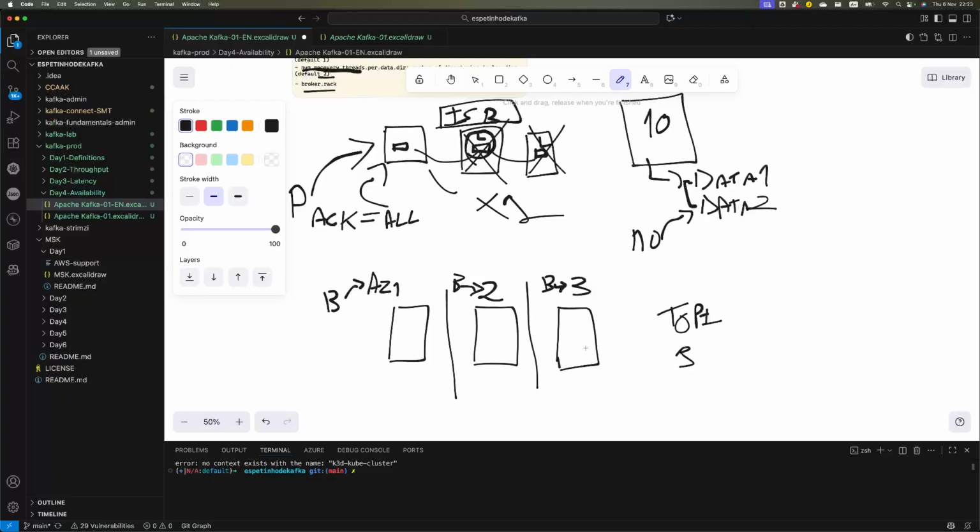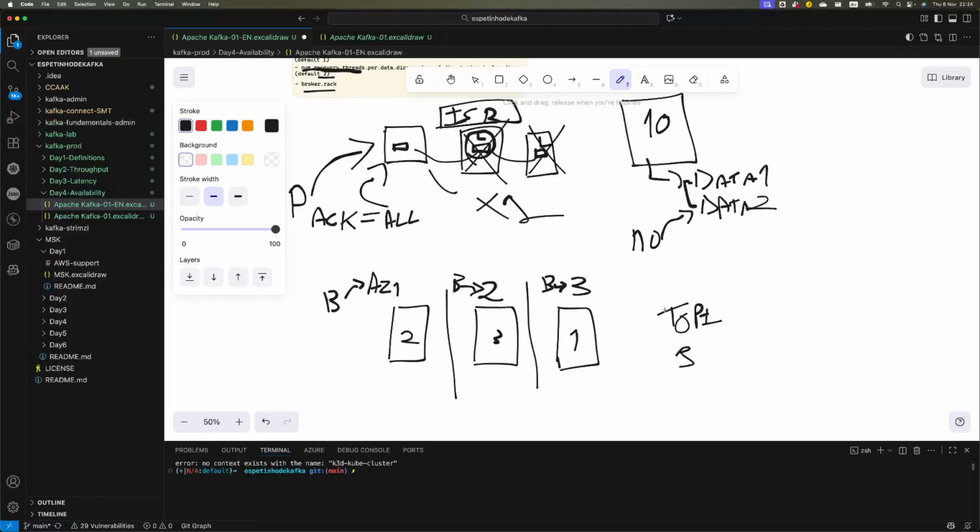Kafka will take care to split the partitions between replicas, right? All the partitions and the replicas, leaders and replicas, it tries to group them, and they try to stay healthier and safer and guarantee fault tolerance between different AZs, right?